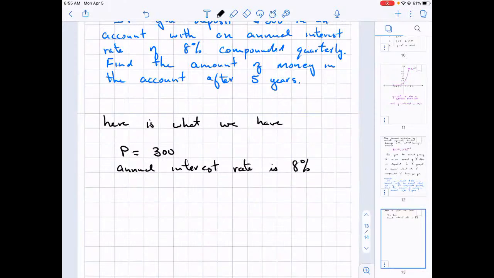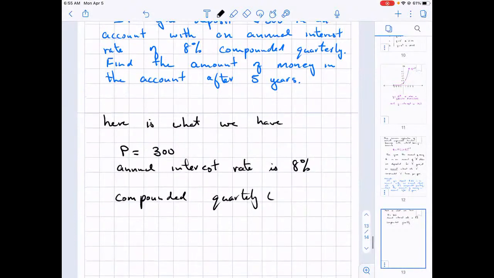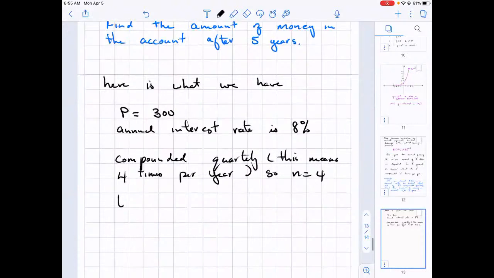Okay. You're compounded quarterly, and this means 4 times per year. So n is equal to 4, and t is equal to 5 years. Okay.